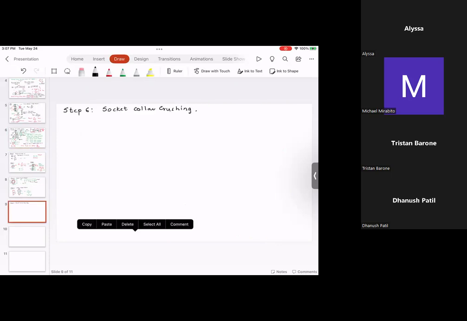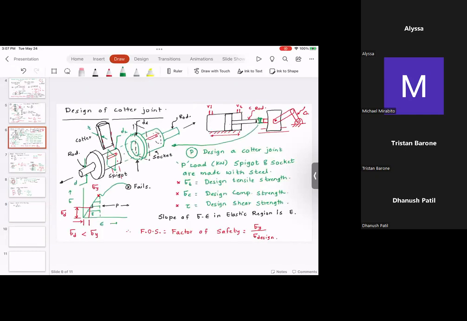So sigma C is equal to P divided by (D4 minus D2) multiplied by T. And D2 is, as you know, the diameter of the spigot.